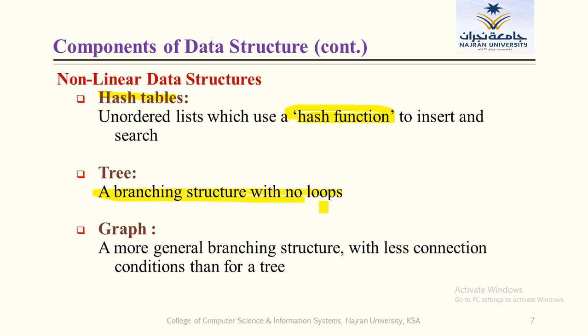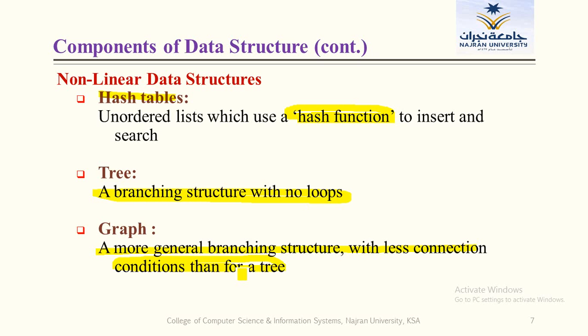This is a tree. We will see what a tree is and different operations of a tree, and many things we will discuss in coming lectures. Graph: a more general branching structure with less connection condition than a tree. There will be almost two separate lectures on graph.